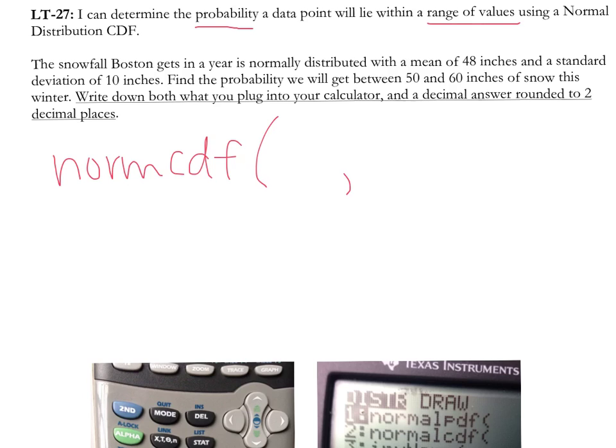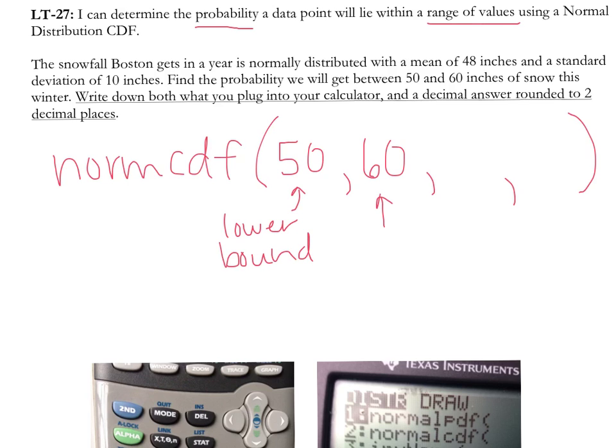Now in the normal CDF, you have to input 4 numbers. So the first one is going to be the lower bound of your range of values. The second number will be the upper bound of your range of values.